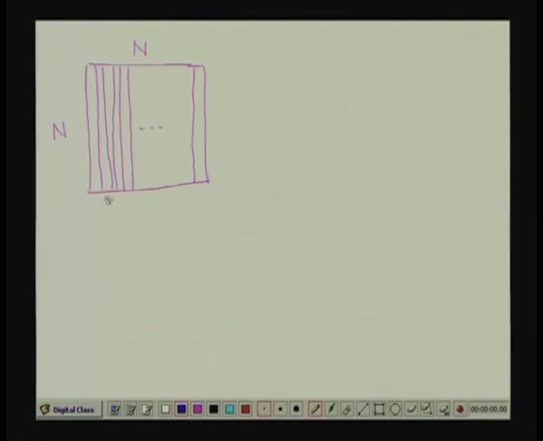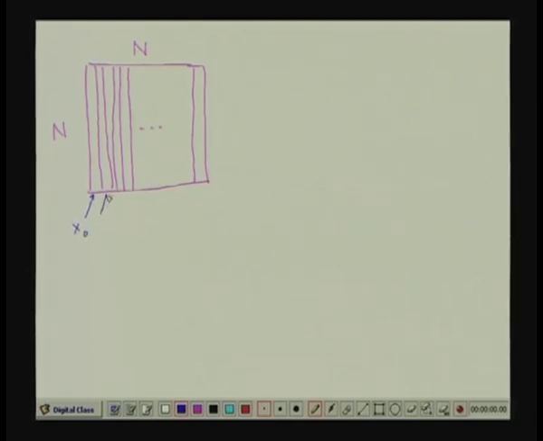So, let us assume in this particular case that we represent every column of this two dimensional array as a vector.